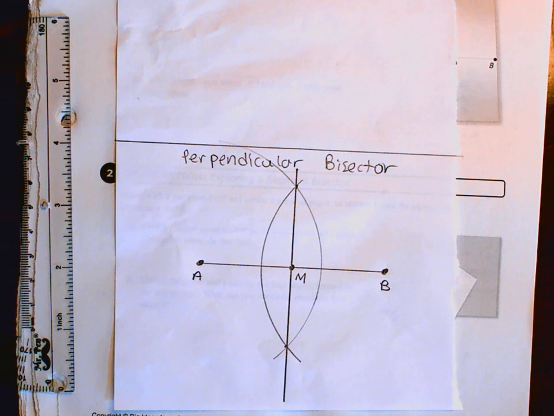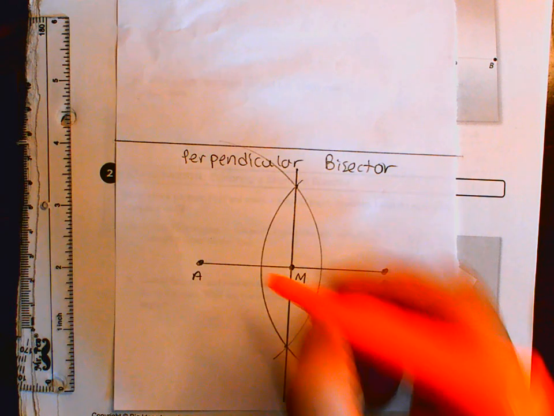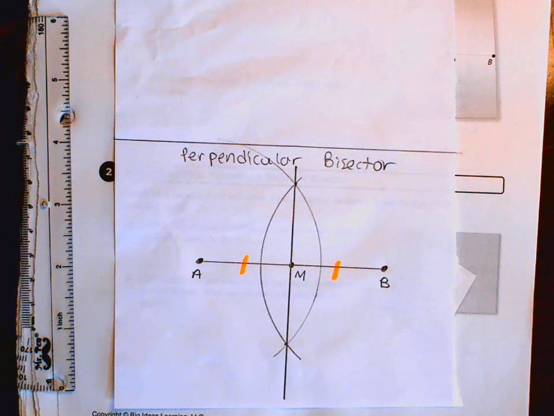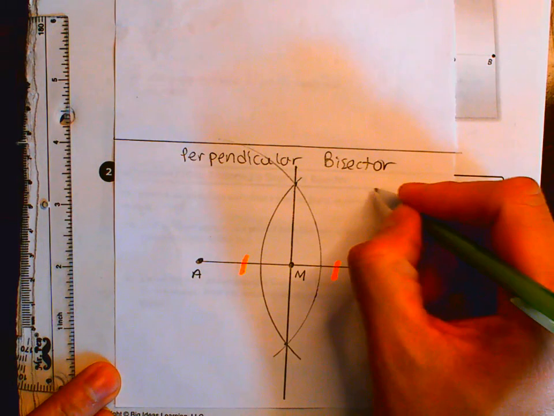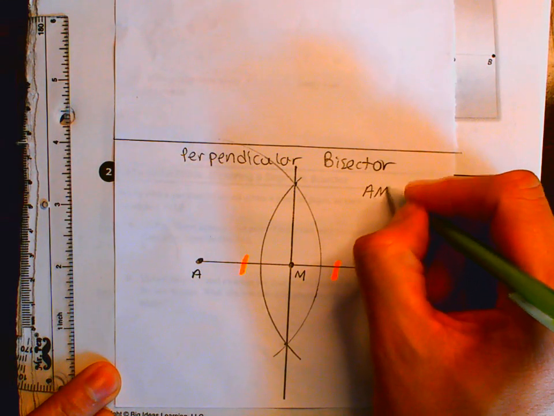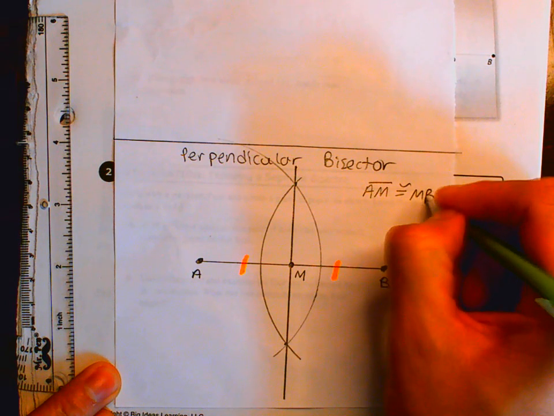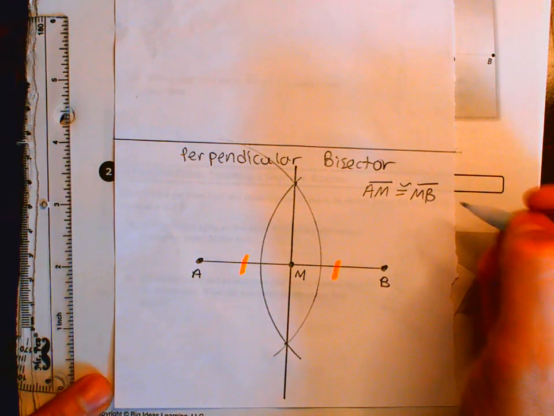And what we have now is segment AM congruent to segment MB. So that's one thing that we have.